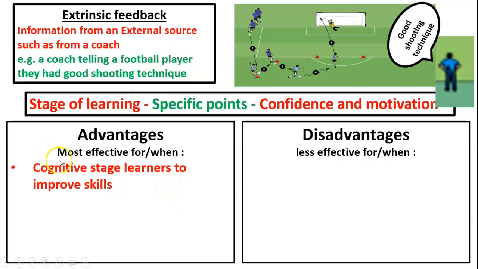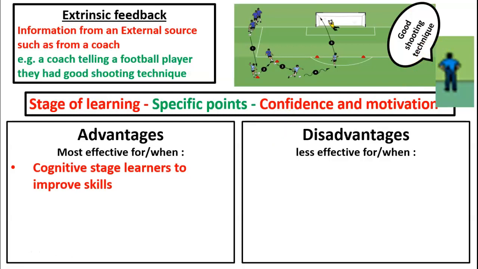Now on top of that, if you're getting feedback from an external source, such as a coach, it should be more objective. Okay, what that means, objective, is it's more factual because there is no bias from the individual who's taking the shot saying it to themselves.